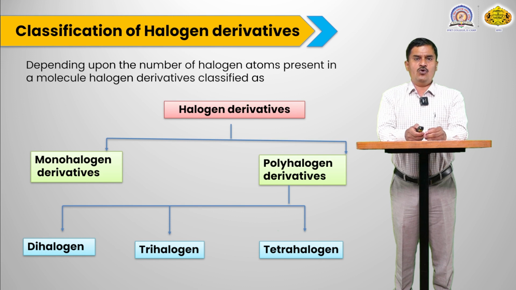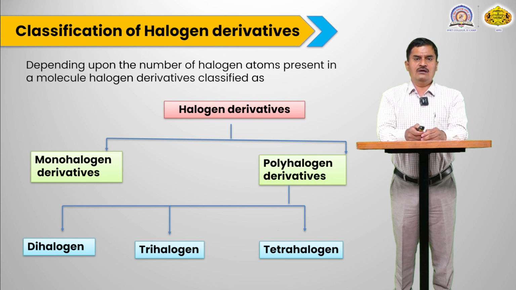Polyhalogen derivatives means more than one halogen atom is present in the molecule, and they are divided again into three types: dihalogen derivatives, trihalogen derivatives and tetrahalogen derivatives.